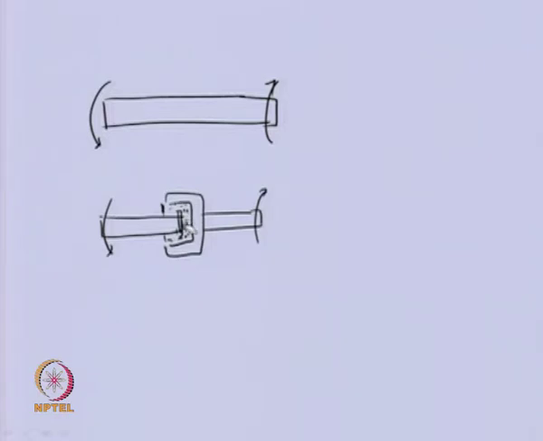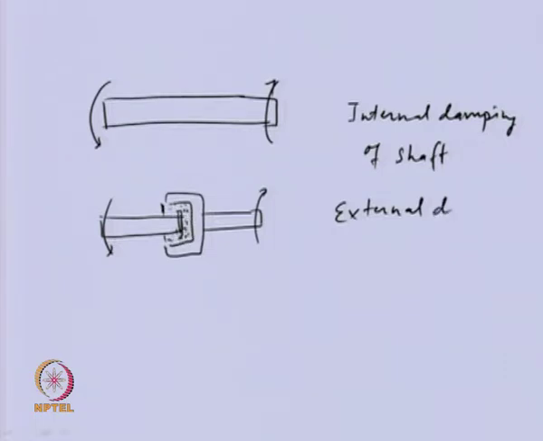So, this is some kind of external damping, and the first one is the internal damping of the shaft. In this case, we can design the damper so that we can change the damping to the level which we want. So, this is external damping.